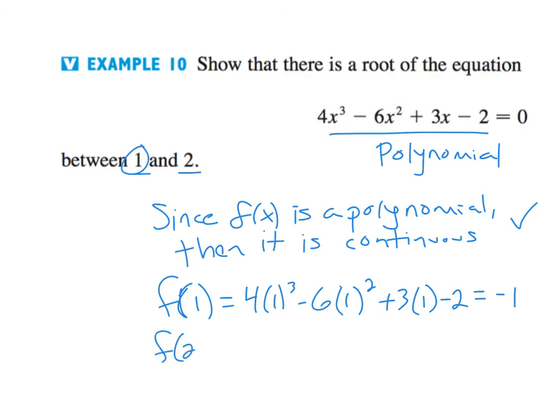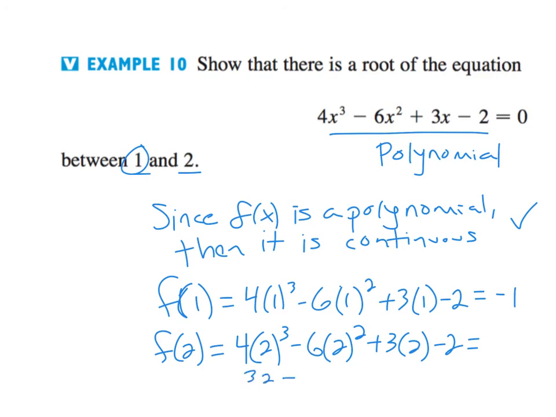And if I sub in 2 now and evaluate, the first term, 4 times 8, is 32, minus 6 times 4 is 24, plus 6 minus 2. I get an answer of 12.